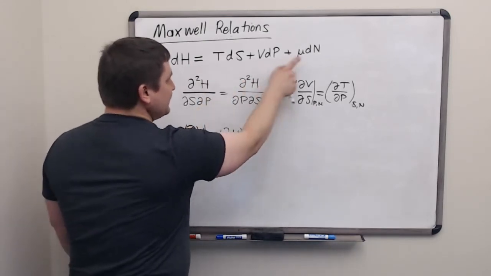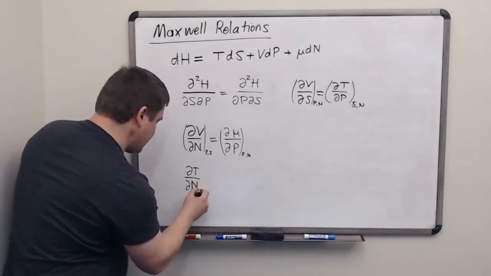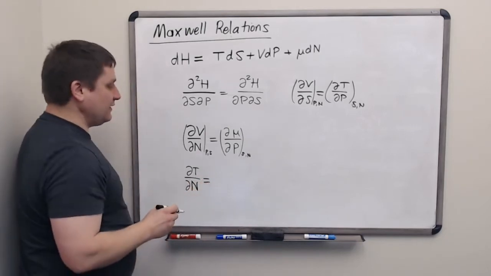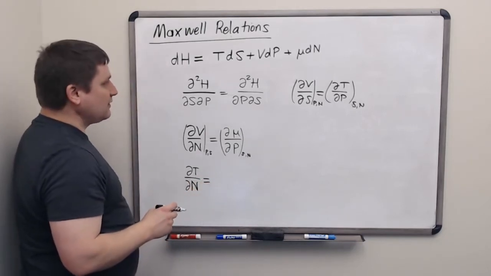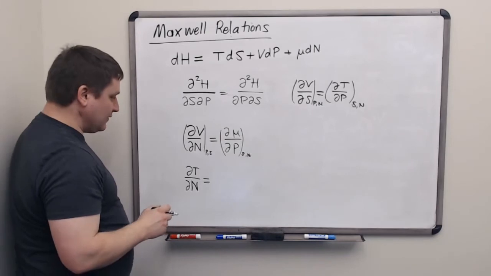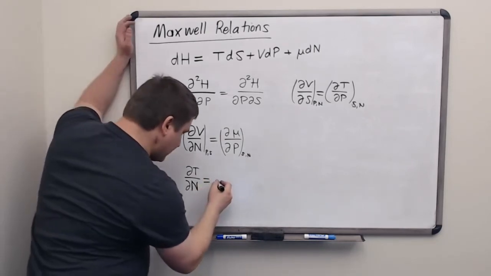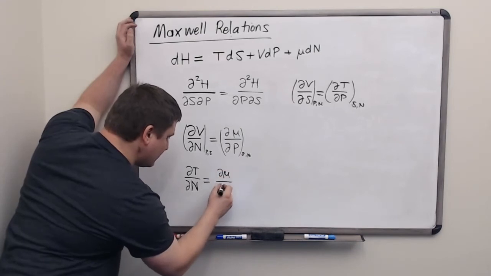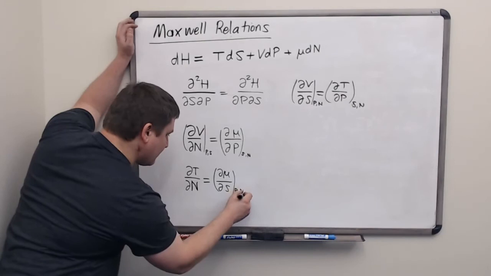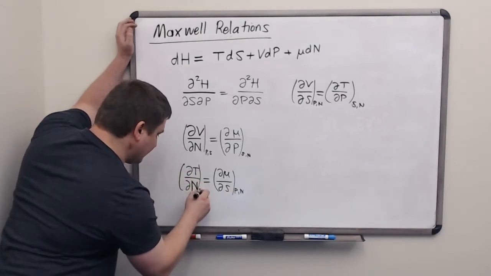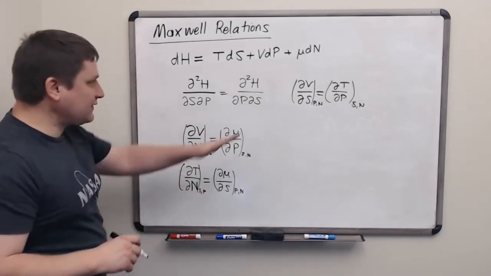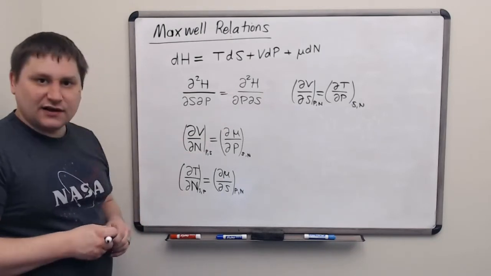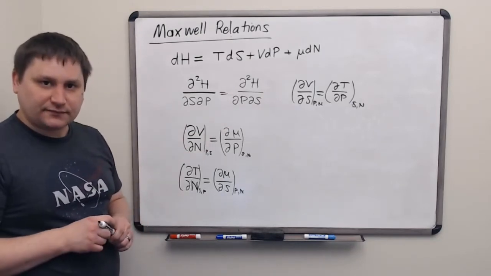So I'll have dT dN as my final Maxwell relation. By the rule of conjugates, I'll have d mu dS, with the natural variables held constant. Okay, so these are the three Maxwell relations from the Helmholtz free energy.